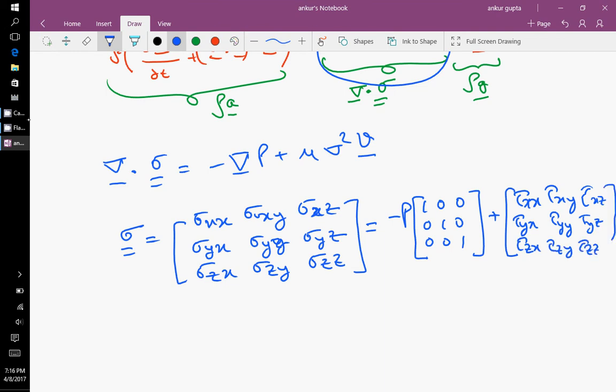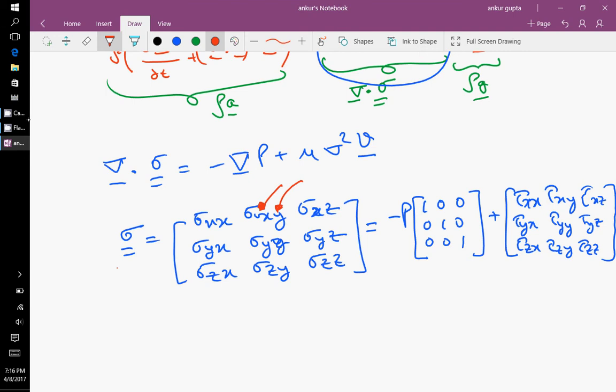tau zz. Right? So the sigma tensor is a tensor because we need two directions to define a surface force. One direction is to define the surface, that is the surface normal. The second is the direction of the force. The first subscript here is the direction of the surface normal, and the second is the direction of the force.